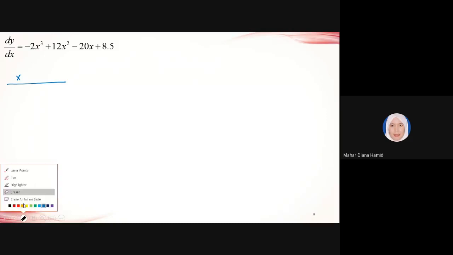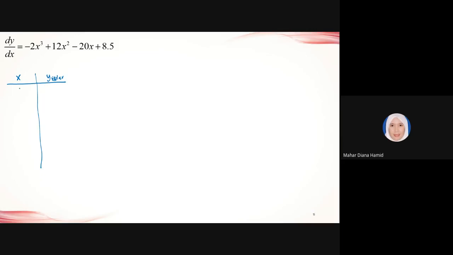So let's say that this is y Euler. Okay, so this is from 0 until 4.